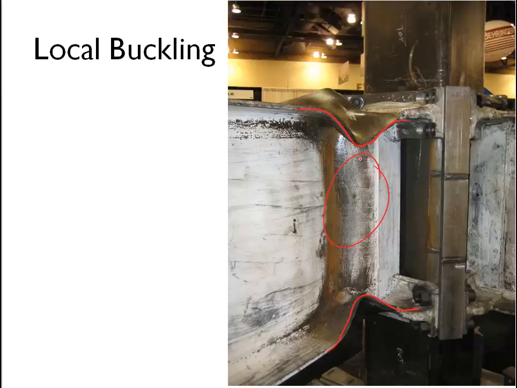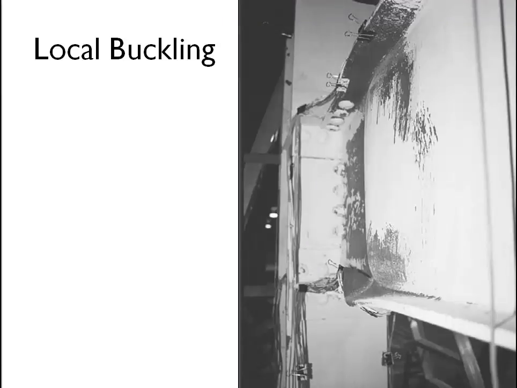It's a little bit tougher to see, but the web has actually buckled out of plane in this case. This is another good photograph showing local buckling of the flanges in particular. You can see that the flange has buckled like so. And so it's our job as designers to make sure that the capacity of a cross-section reflects its susceptibility to local buckling.